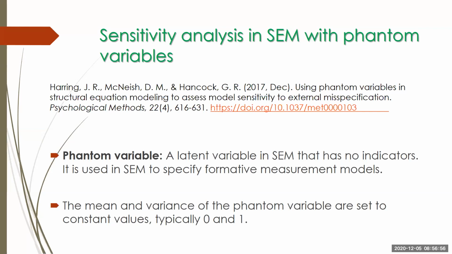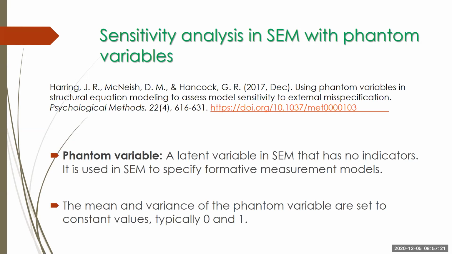Now, in 2017, Harring, McNeish, and Hancock developed an approach for sensitivity analysis to omitted confounders in structural equation modeling using the idea of phantom variables. A phantom variable is a latent variable that is placed in the structural equation model.